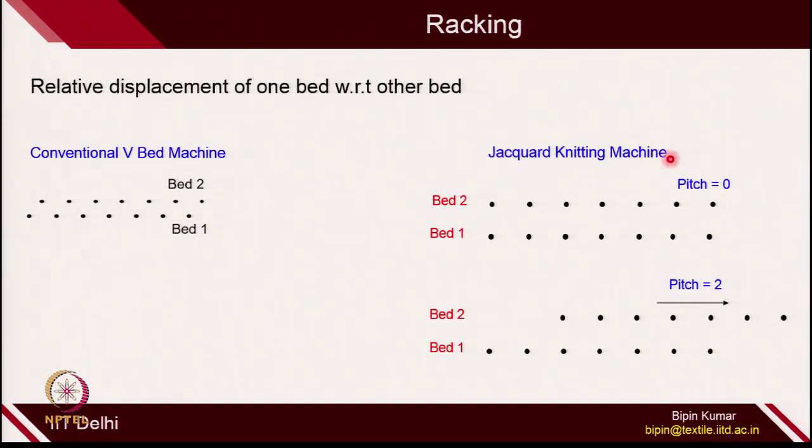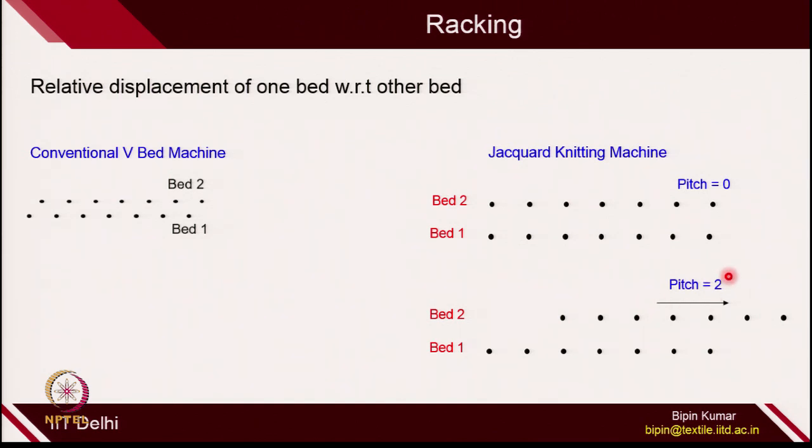In an advanced knitting machine, there is a possibility that you can shift any of the beds with respect to the opposite bed and you can create whatever design you want. For example, if you see here the beds are facing each other. At this particular point bed 2 is shifted by 2 pitch, which means it has shifted by 2 needle points.